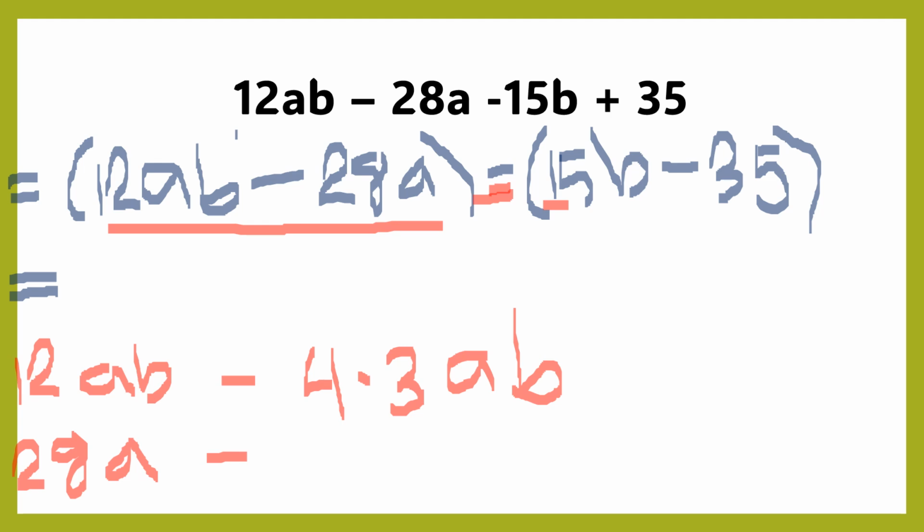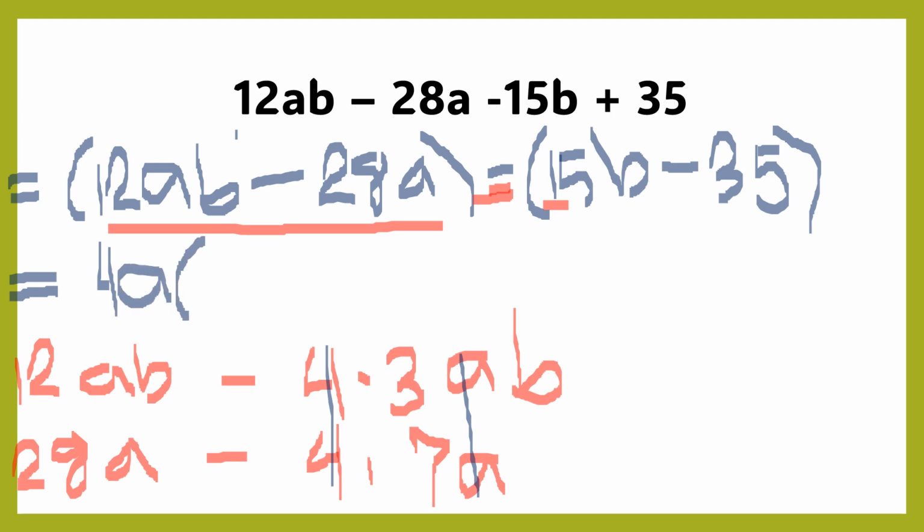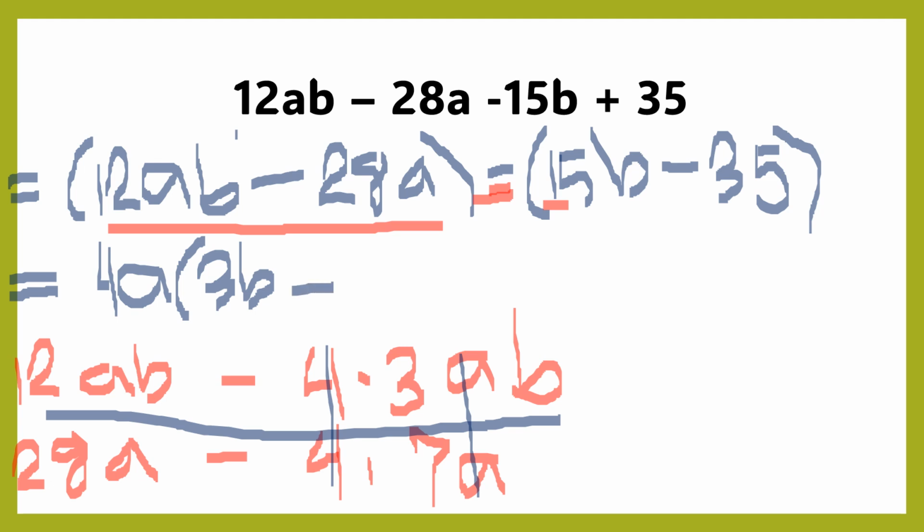Now, you have 28 here, so divide it by 4, the answer is 7, and we have a. Now, its greatest common factor is 4a. So, you write here 4a. Open parenthesis. As for the first term, the remaining here is 3b. So, you write here 3b minus, for the second term, the remaining is 7. And then close it. Copy the operation minus.